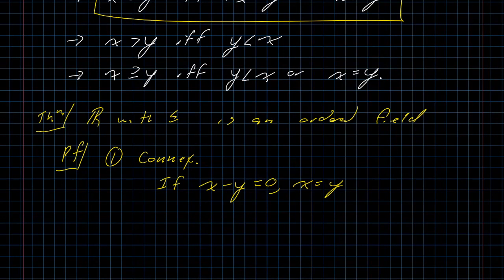If x minus y is equal to 0, then x is equal to y.